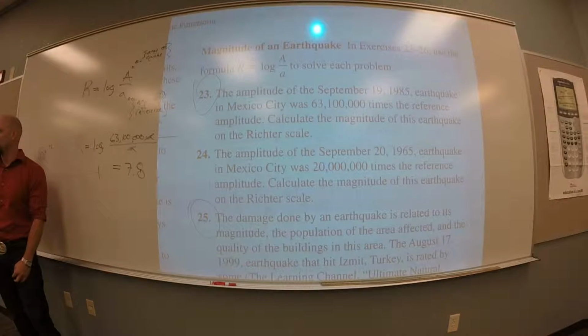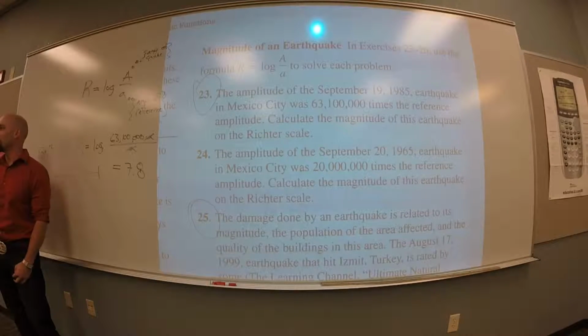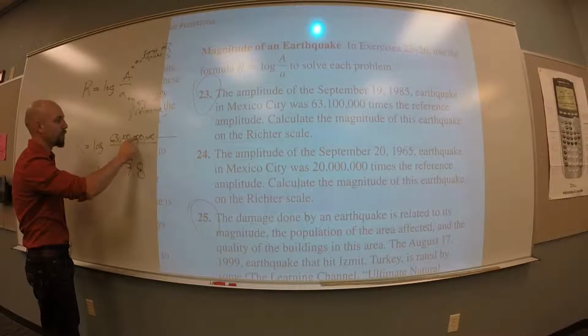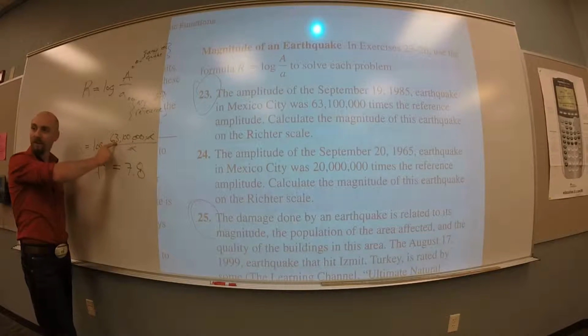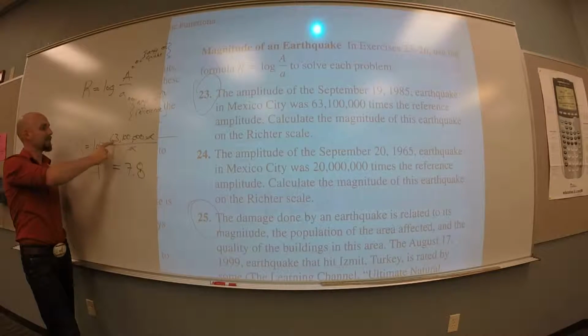You guys see that? I didn't divide 63 million by 100; I took the log of it. It's counting how many zeros are on this number, how many powers of 10 this thing is. I know it's between 7, because 7 would get me to here, and 8, because 8 would get me to the next.